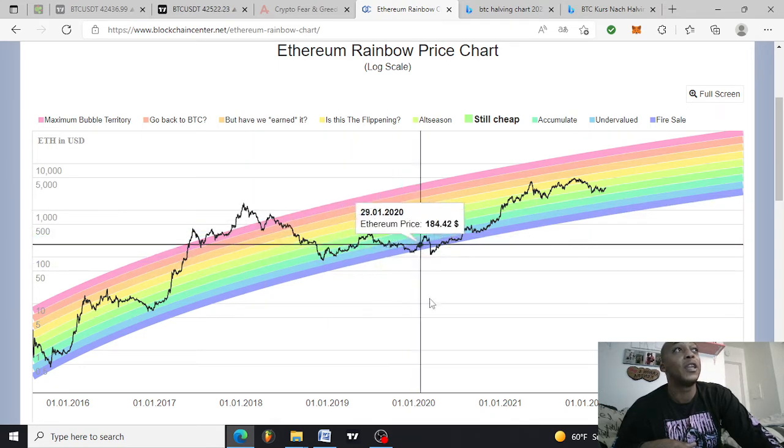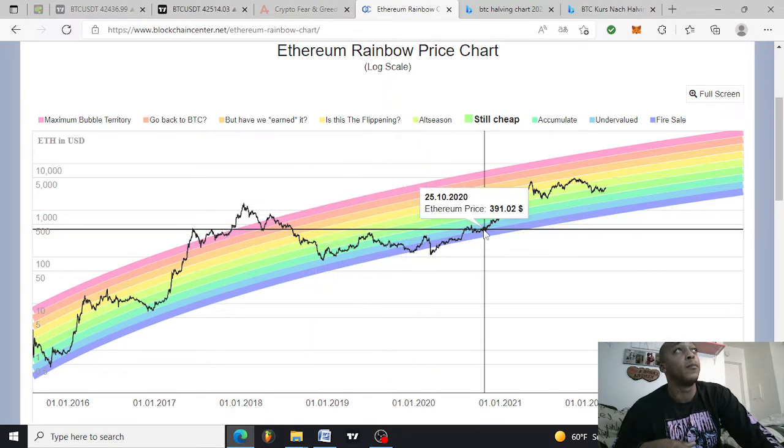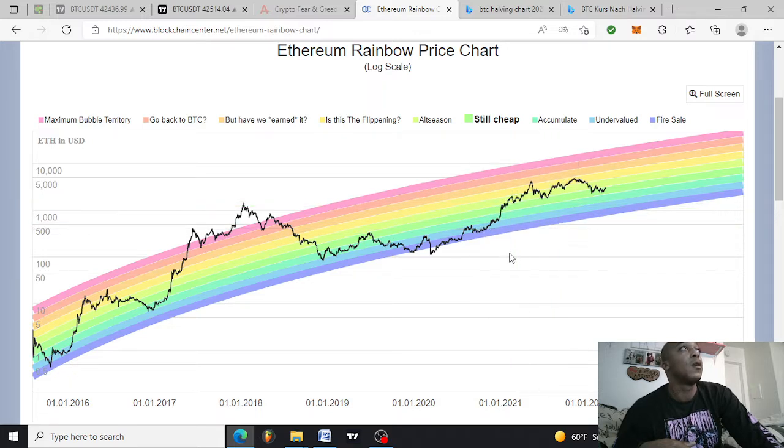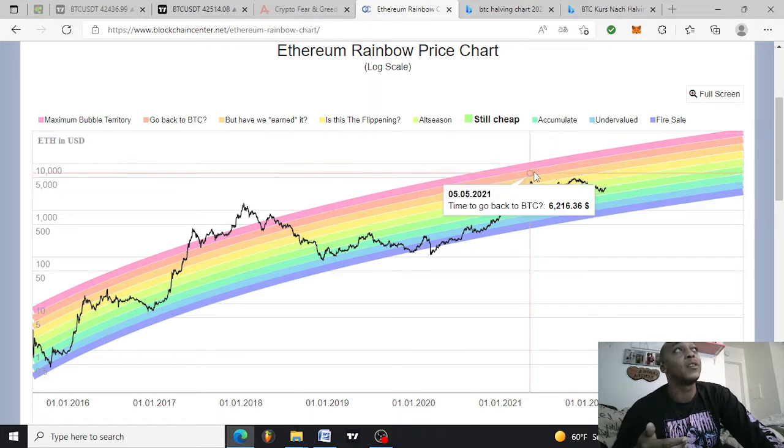And after the last Bitcoin halving, you know, in 2020, we've just been in the Ethereum bear market, basically. And when we had the Bitcoin all-time high occur, Ethereum had its all-time high as well.